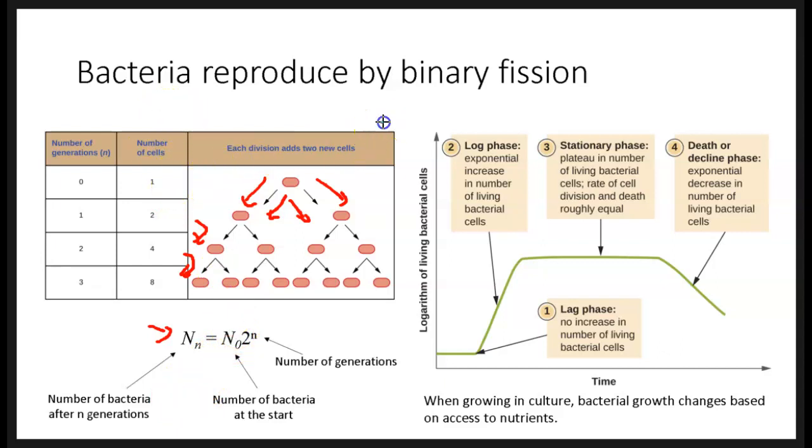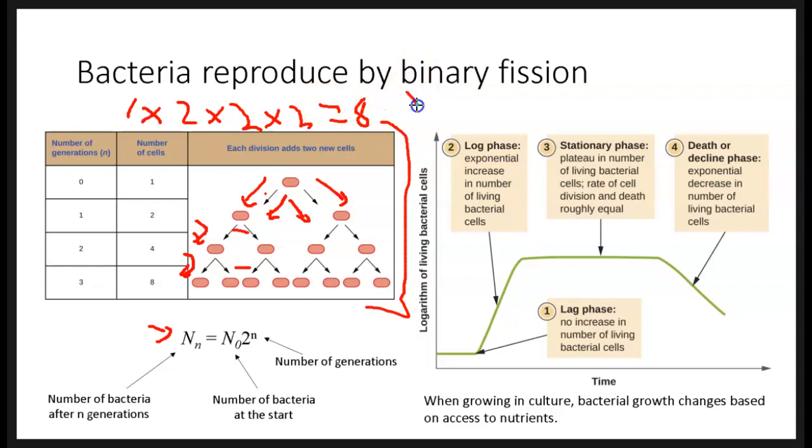In this example here, we have 3 generations, or 3 divisions: 1, 2, 3. And we started with 1 cell. So N0 equals 1, times 2, that's doubling after 1 generation, times 2, doubling after 2 generations, times 2, and that equals 8.